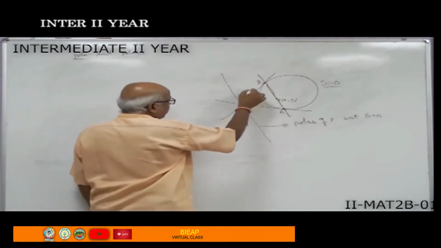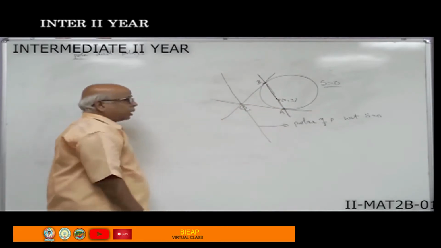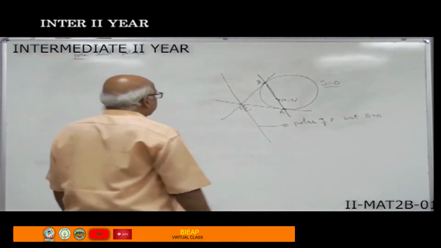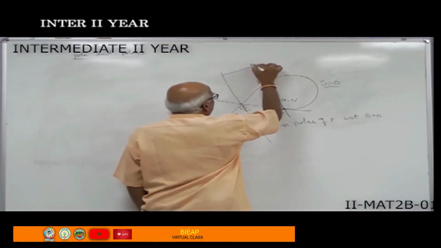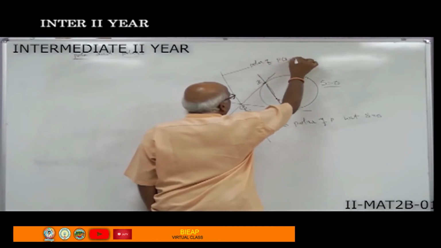At these two points, if you draw two tangents, those two will intersect at another point, and that particular point lies on a straight line which is called the polar of P, x1, y1.